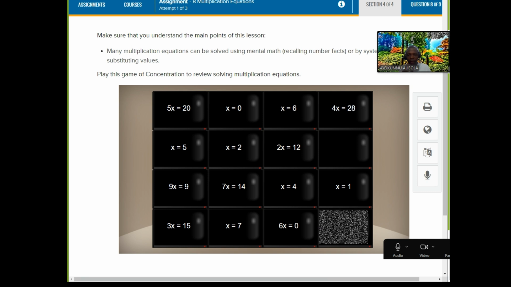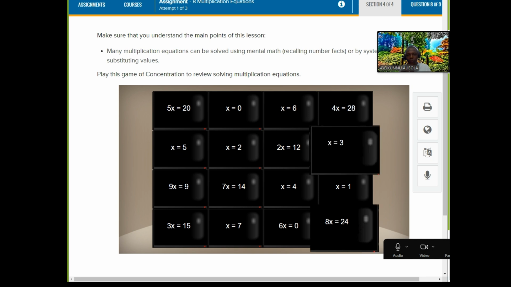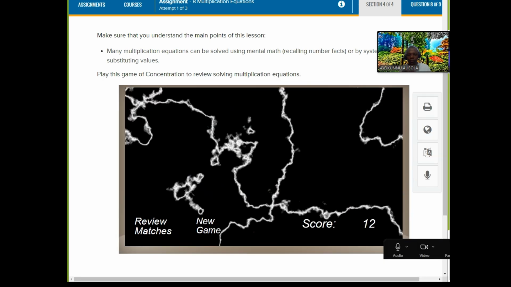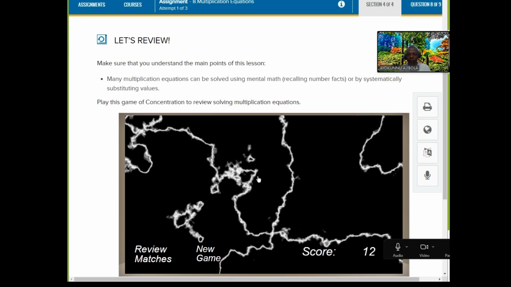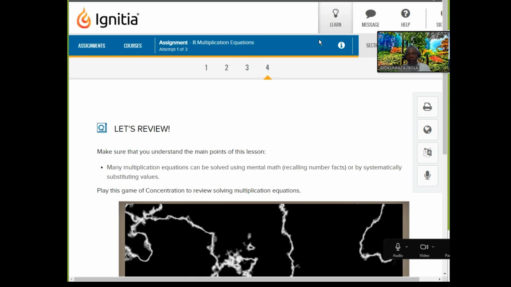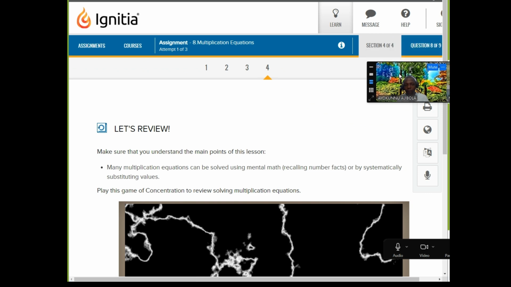Okay? And finally, this should match this. 8x is 24, x must be 3. Is that clear now? Yes. Good. So, with that, we can go ahead and take questions, okay?